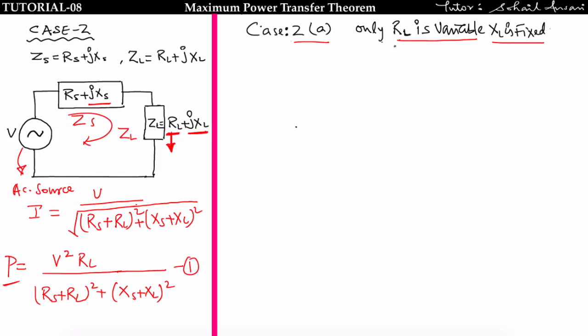Okay. Now see case 2A, only RL is variable and XL is fixed. In this case, in order to transfer the maximum power, we have to differentiate the equation of power with respect to the variable one. That means we will differentiate power with respect to RL and equate it to 0.